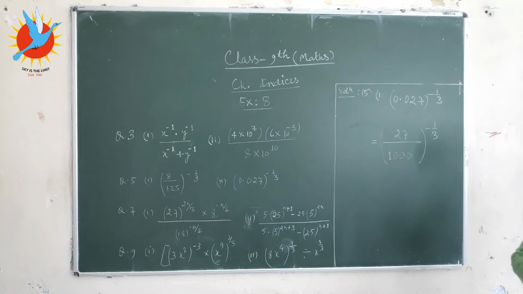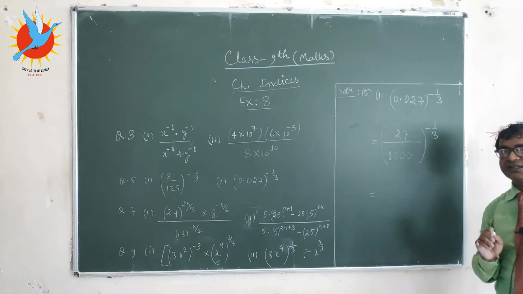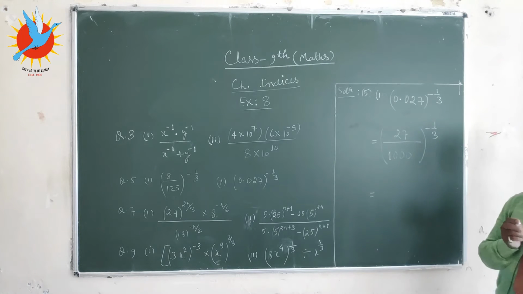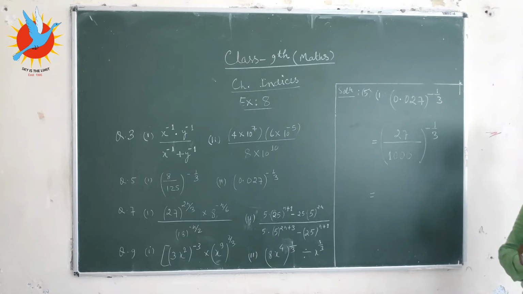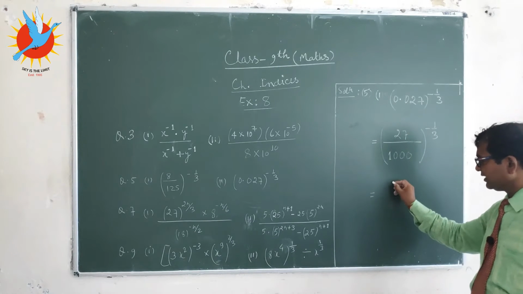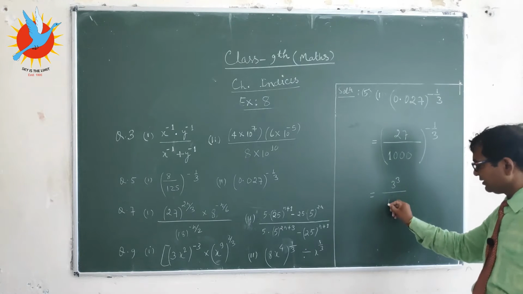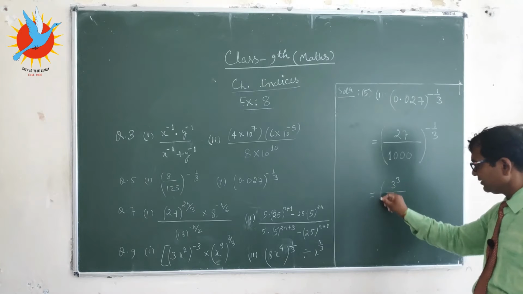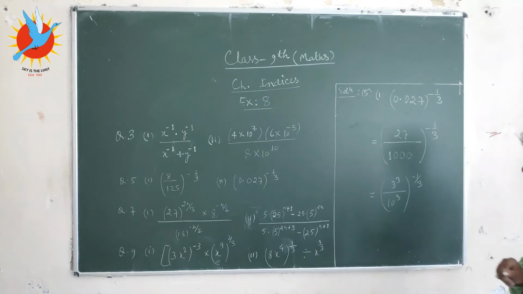Now this 27 can be written as, we have to convert this and this into cubic form of some numbers because here the power is 3. Therefore this can be written as 3 to the power 3 over 10 to the power 3 and raised to the power minus 1 by 3.